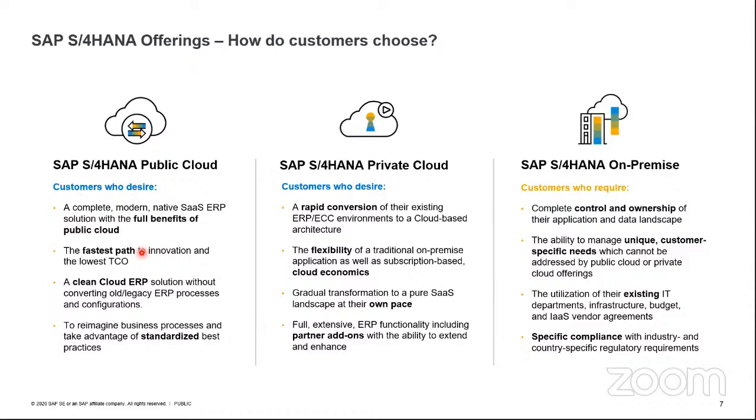It is a modern way of utilizing S4HANA, the ERP, as a product. It's a software-as-a-service kind of model with the full benefits of public cloud. Fastest path to innovations. Why is it so? Because we have already seen that there are quarterly releases of new enhancements in the business processes.